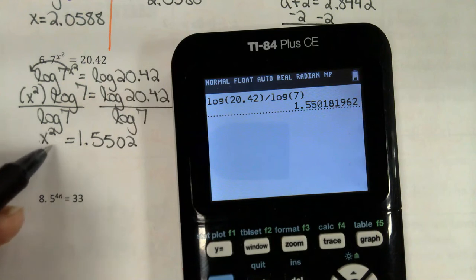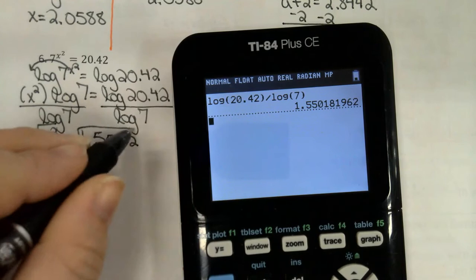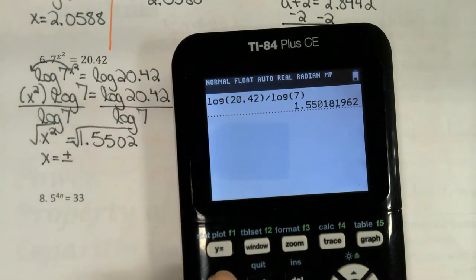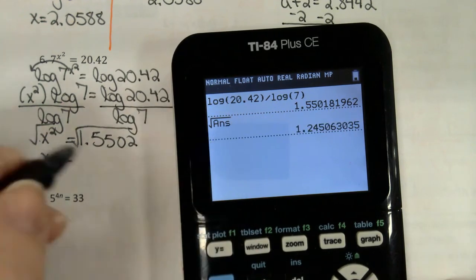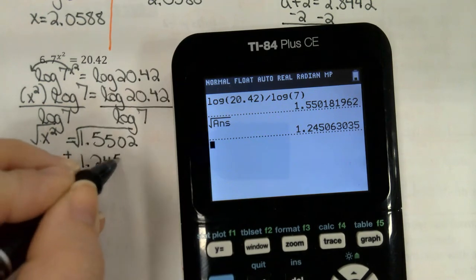Now to get this x by itself, we're going to have to square root both sides. And you may recall that we need to put a plus or minus in front whenever we square root both sides. Square root of the second answer, that's the second and the negative button to get the answer there. And I get 1.2451.